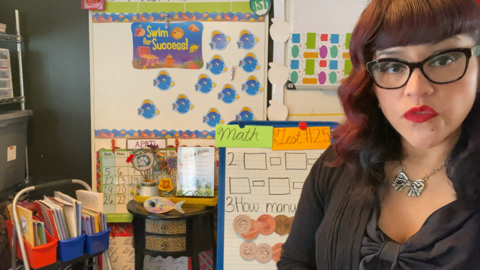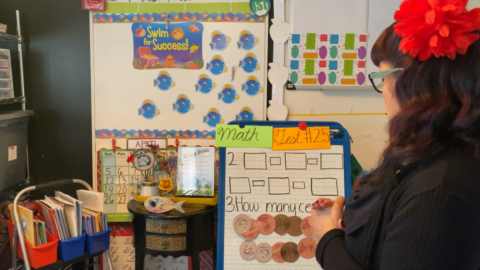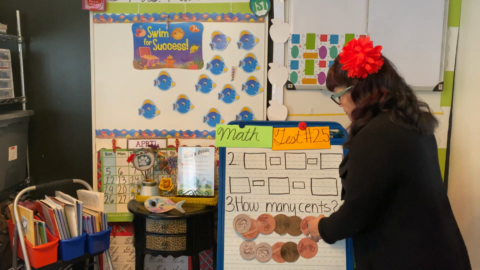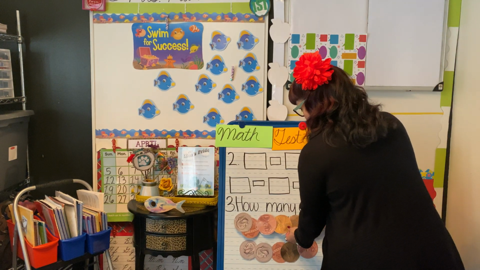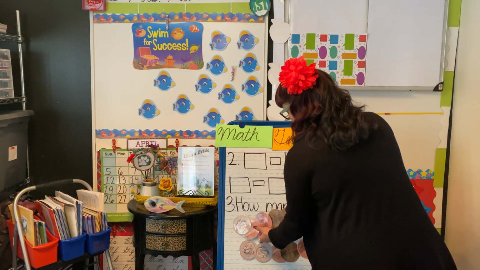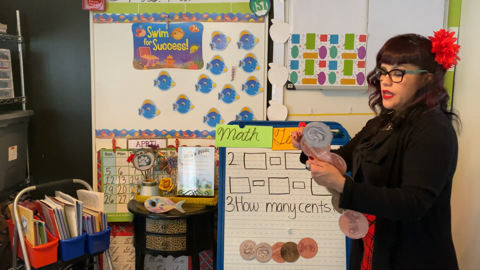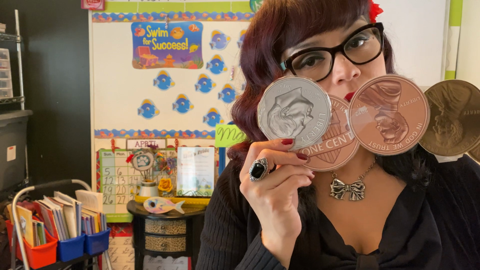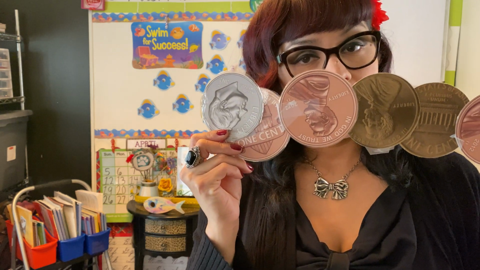And I'll explain. So let me show you, class, the first set of numbers that I need you to count. All right? So right here, I'm going to bring them close to you. How many cents are there? Okay. So you need to start counting what you see.